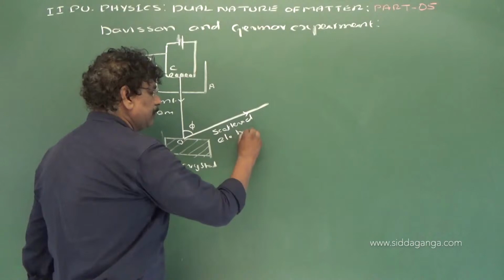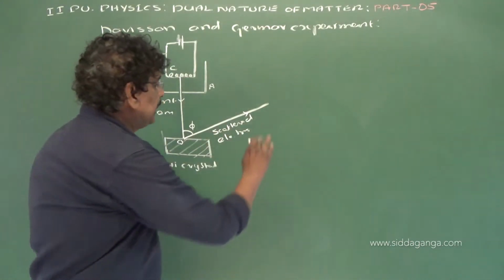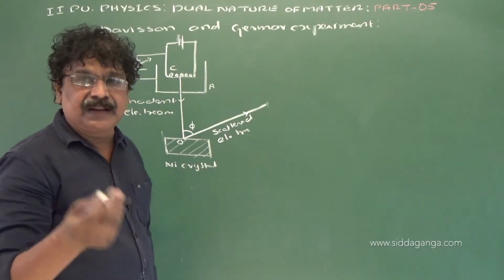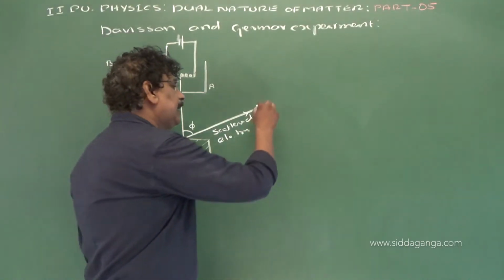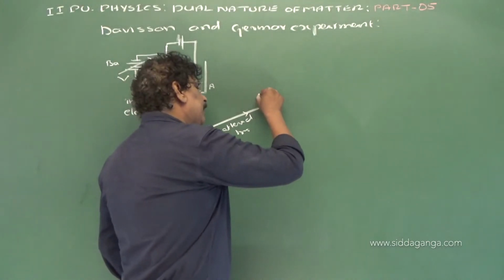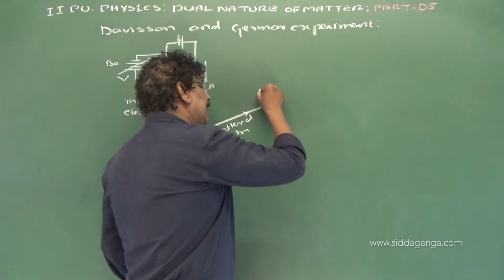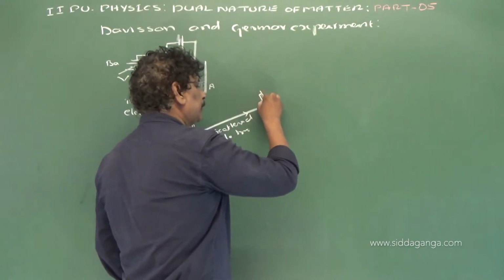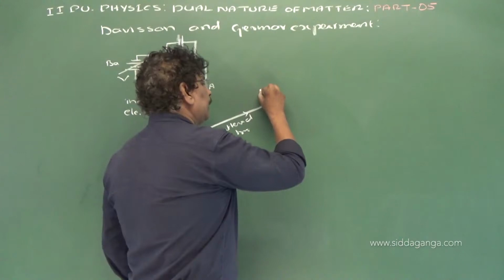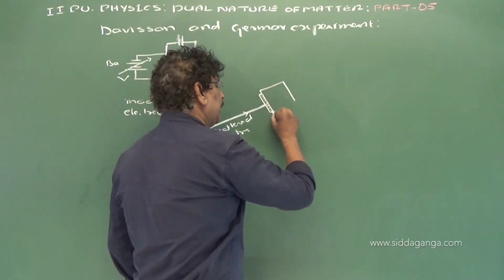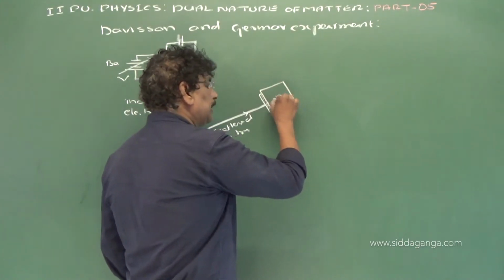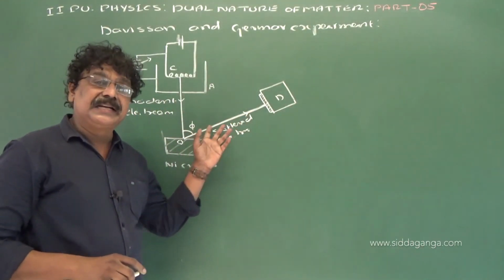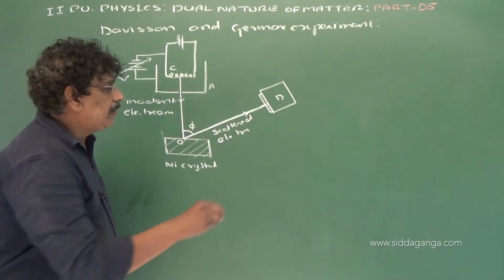Now the intensity of the scattered electron beam, that is the number of electrons scattered per second, can be measured with the help of a detector. Here we have a detector D that measures the intensity of scattered electrons.